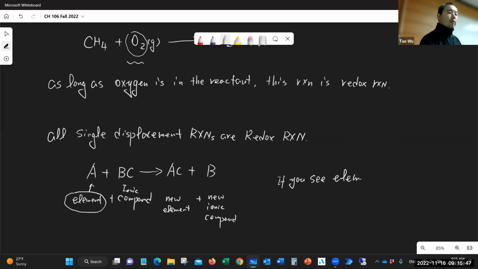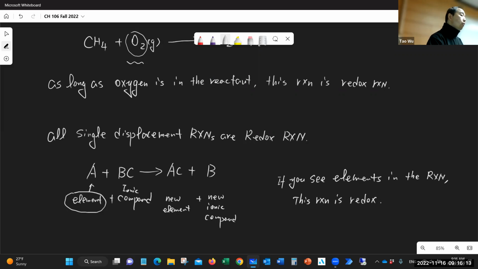elements in the reactant, elements in the reaction, as long as you see elements in the reaction, then definitely this reaction is a redox reaction.